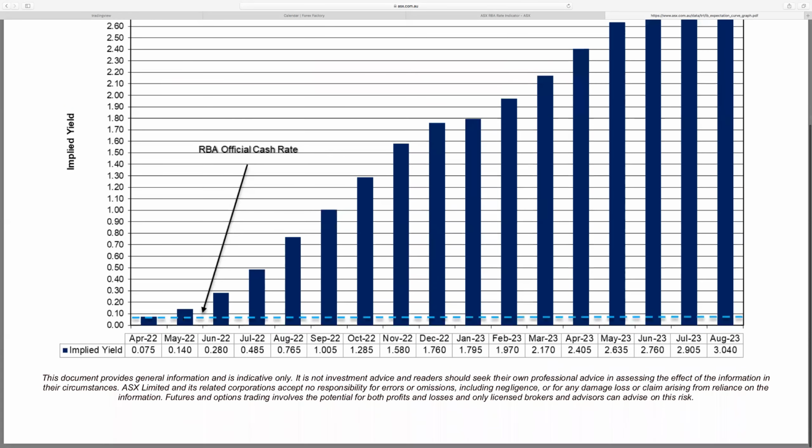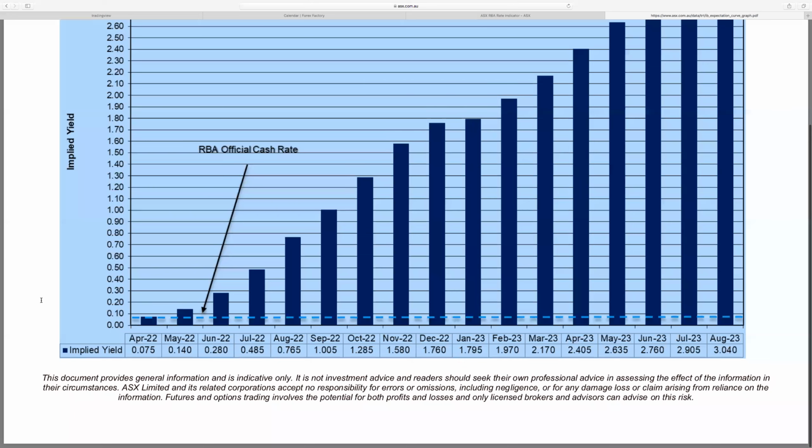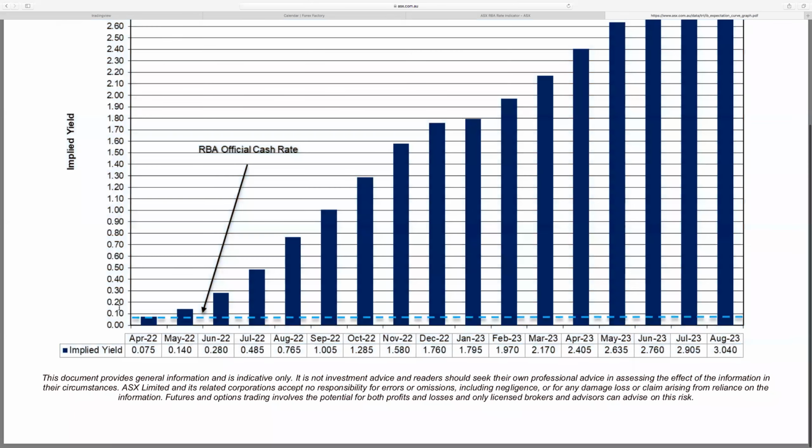This dotted blue line is the current interest rate of the RBA, right? They haven't raised it. As soon as they raise it, their line will move with it. You can see what the implied yield is by the market, right? So the interest rate right now is 0.1.